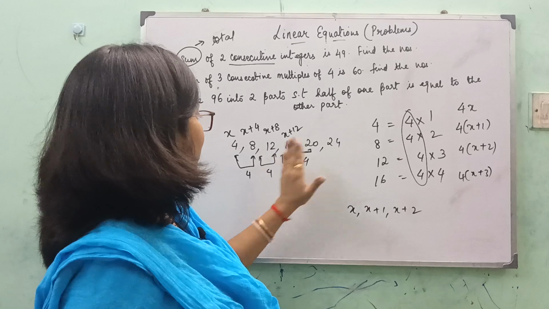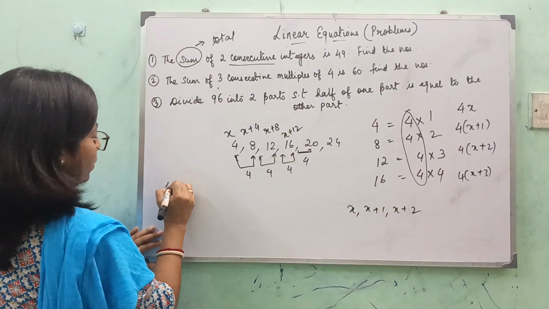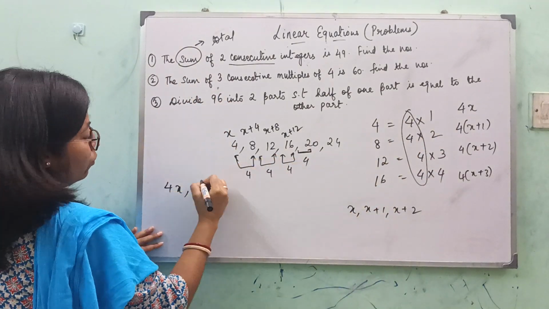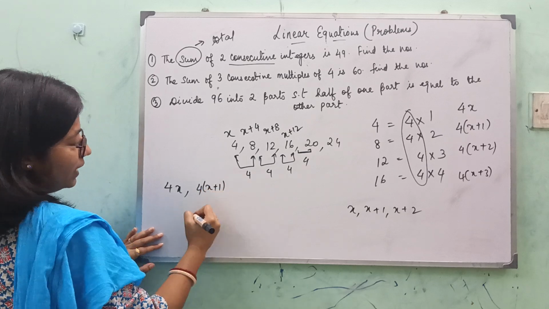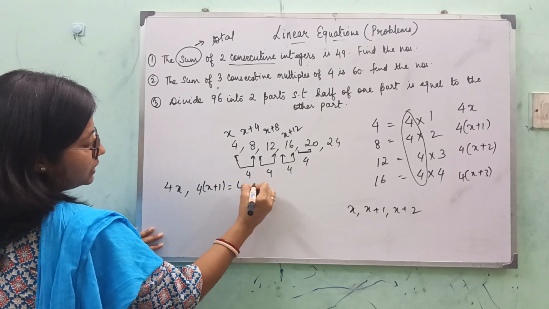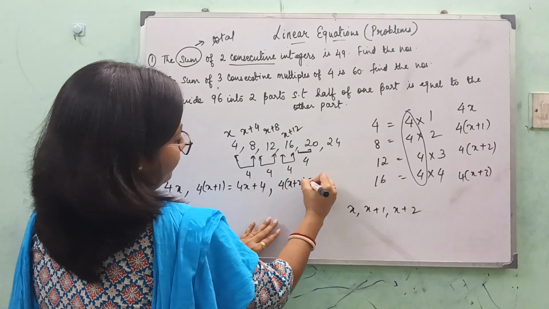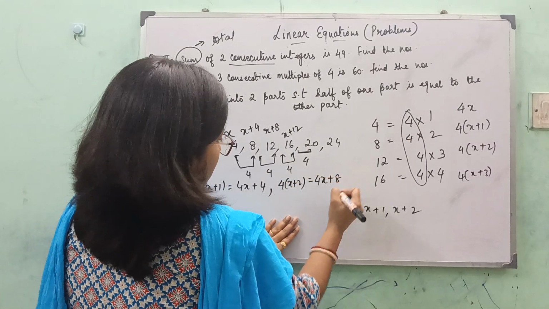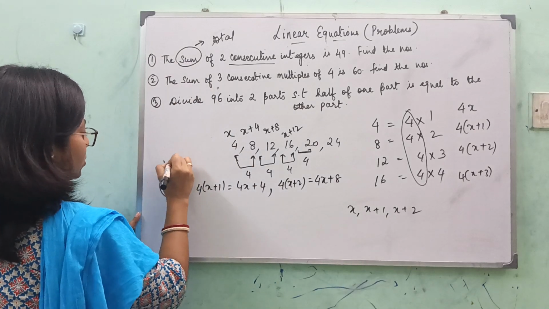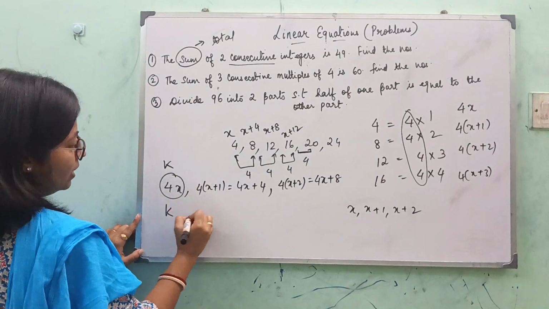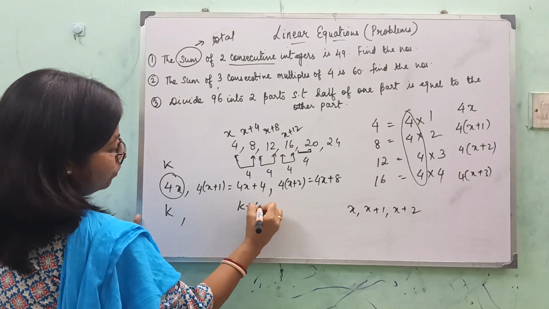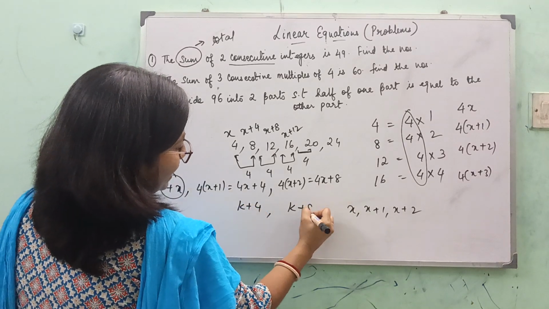Now how this and this are the same, I'll show you. 4x is fine. Now 4 into x plus 1, I can write this as 4x plus 4. 4 into x plus 2, I can write as 4x plus 8. So if I consider 4x to be k, this is k, this is k plus 4, k plus 8 and so on.